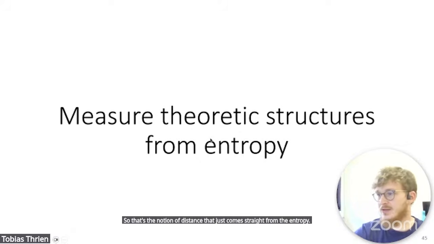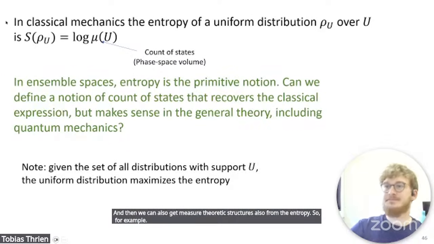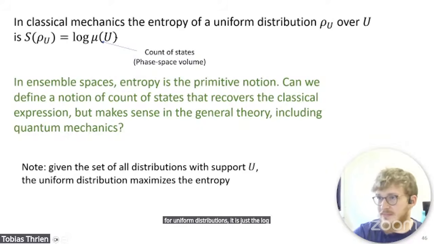And then we can also get measure theoretic structures from the entropy. For example, in classical mechanics, the entropy for uniform distributions is just the logarithm of the measure of a set.